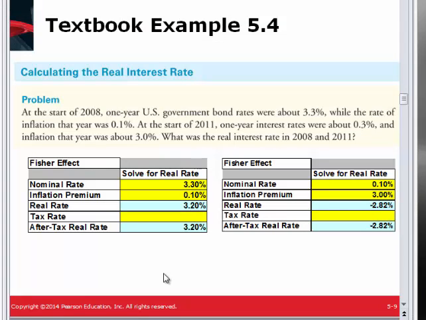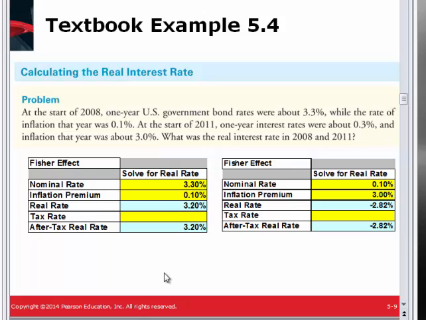So we're told that the one-year government bond rates were about 3.3%, and inflation was about 0.1%. So at the end of 1 year, interest rates were about 0.3%, and inflation that year was about 3%. So how can we talk about what the real rates were?